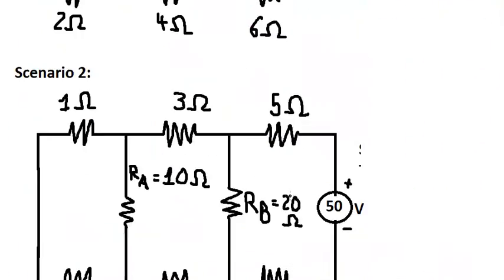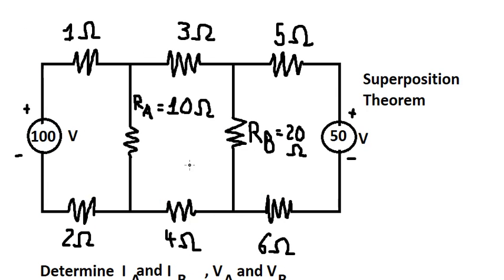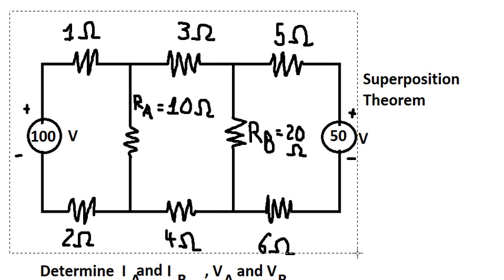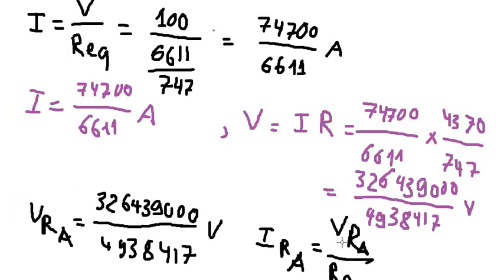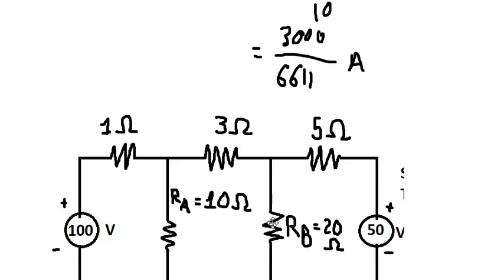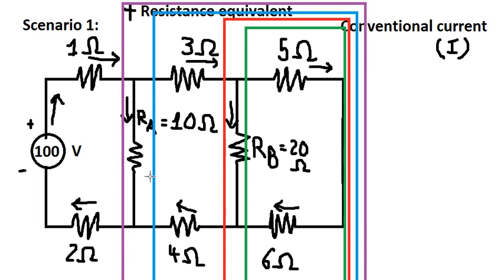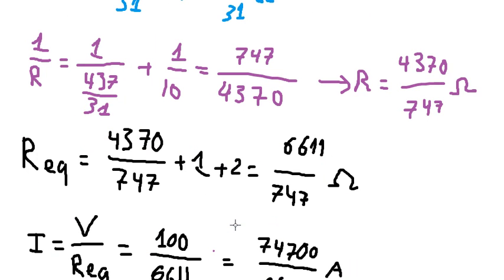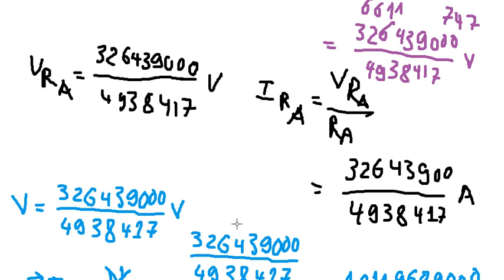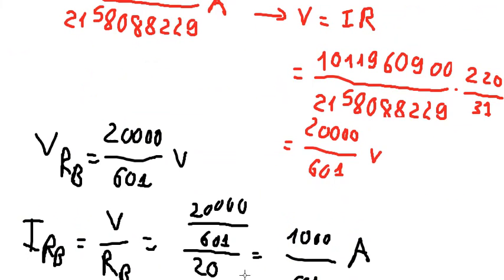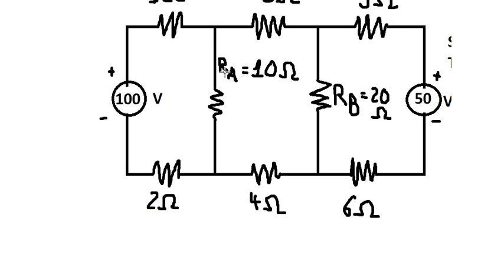So if we combine two scenarios in here, on the first one, we can see that the flow of conventional current goes the same way. Similar for this one. That means if they go in the same directions together, we need to sum the two values of the first scenario and the second one. And so you got the final answer of I8, IB, VA, VB in here.